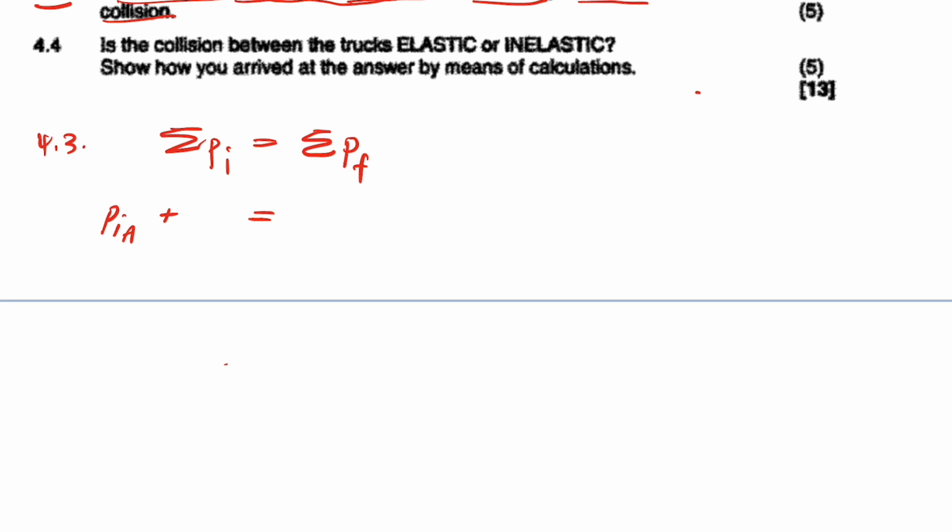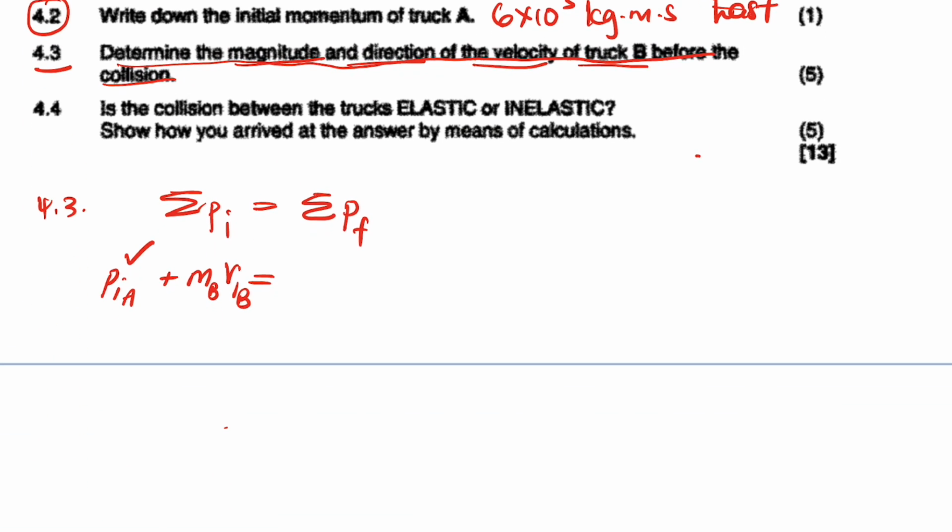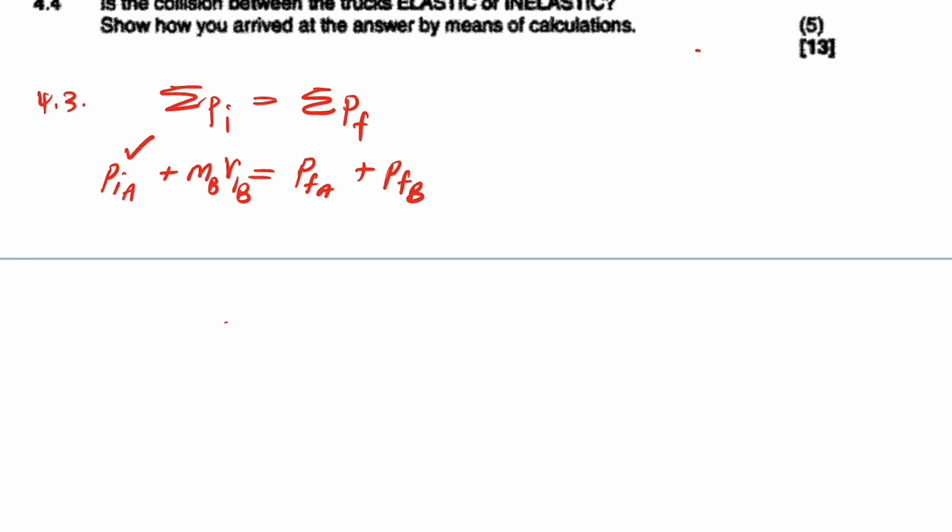Since we are given the momentum, here we want the velocity, so it's going to be mass of car B times the initial velocity of car B, and then the momentum after: the momentum after of A plus the momentum after of track B, right?